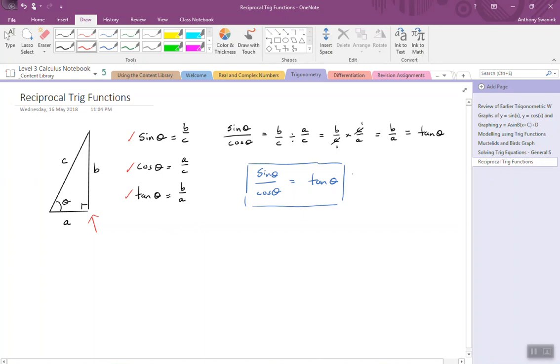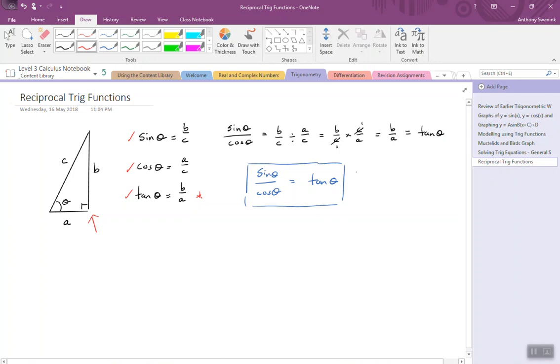What we looked at in class today was the link between sine, cosine, and tangent. If we take sine being b over c, opposite over hypotenuse, divided by the cosine, being the adjacent, so a over c, and then multiply by the reciprocal, we end up with b over a, which we can see is equal to the tangent.